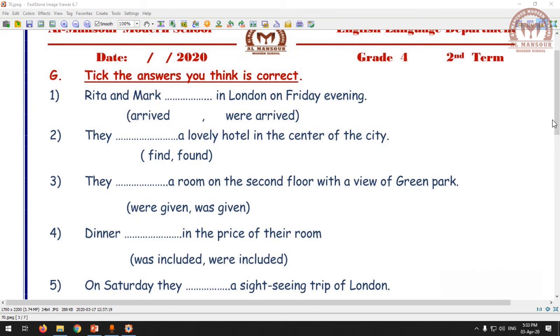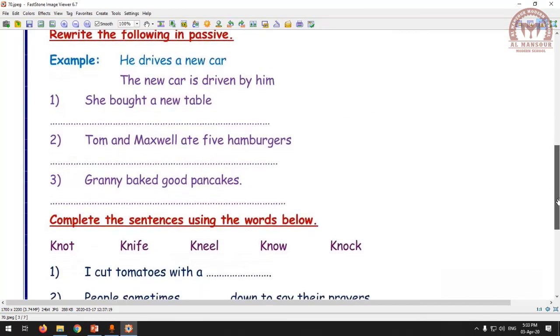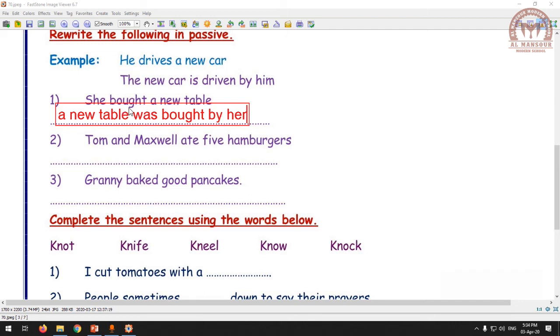You can finish the rest by yourself. Rewrite the following in the passive. Okay, he drives a new car. The new car is driven by him. She bought a new table. A new table was bought by her. Remember, if it was in the past simple, we have to use the past passive, not the present passive, okay?